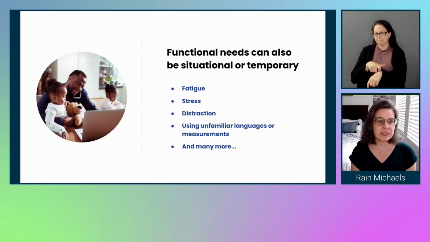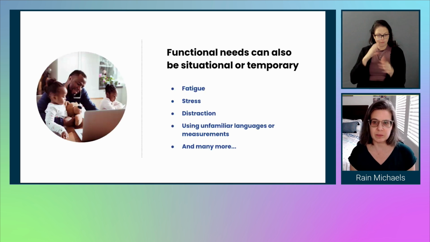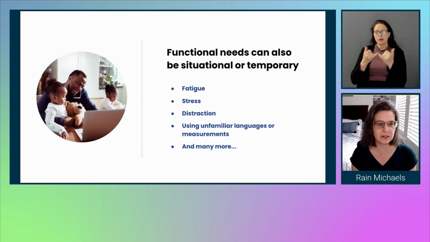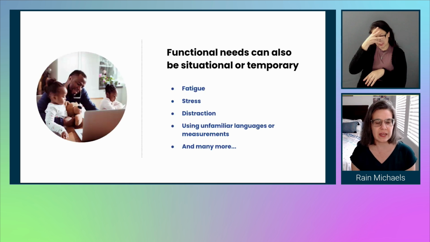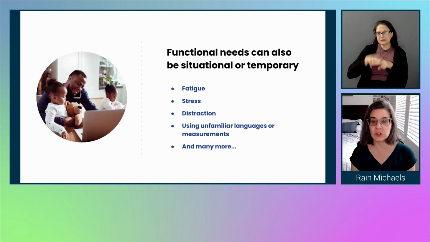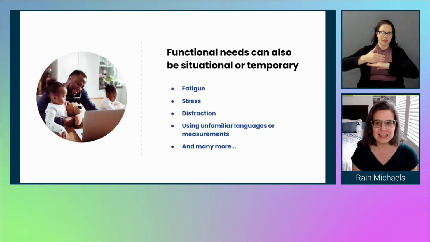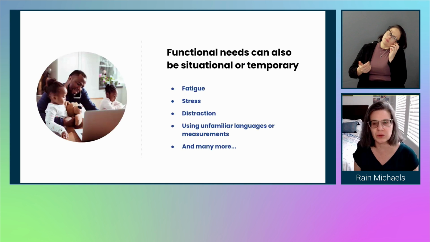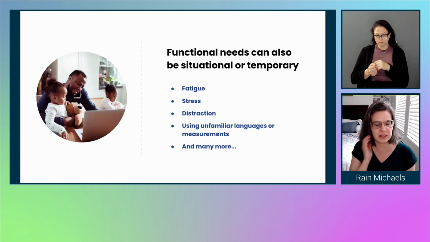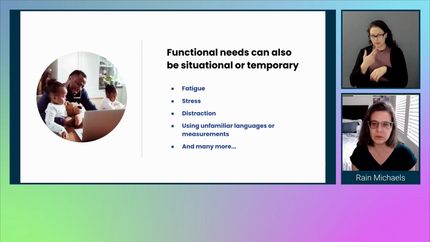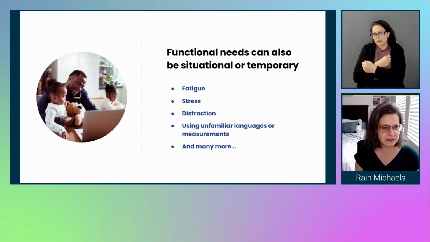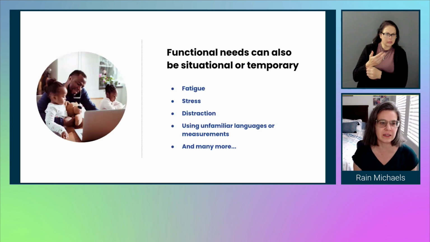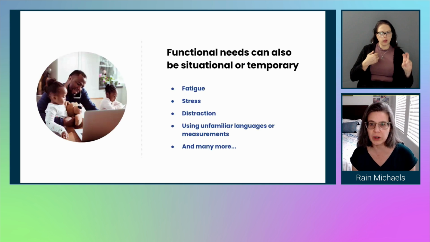So I have a picture on this slide that I'm showing right now, and the photo is of a father who's at a table with his computer in front of him. His phone is held between his ear and his shoulder. He has probably a 2-year-old with a giant teddy bear on his lap. And then he's probably got a 6 or 7-year-old sitting near him doing her homework.